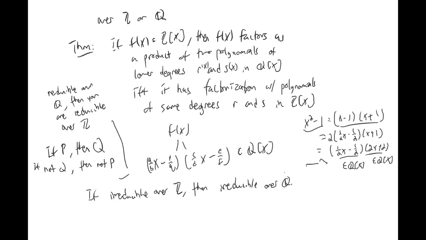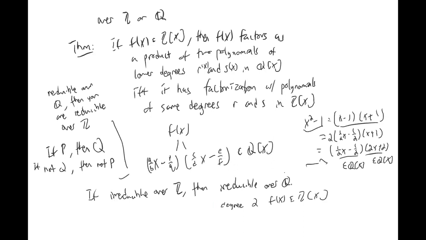So this is nice, because if I had a degree 2 f of x in Z of x, all we had to do is check there are no zeros.